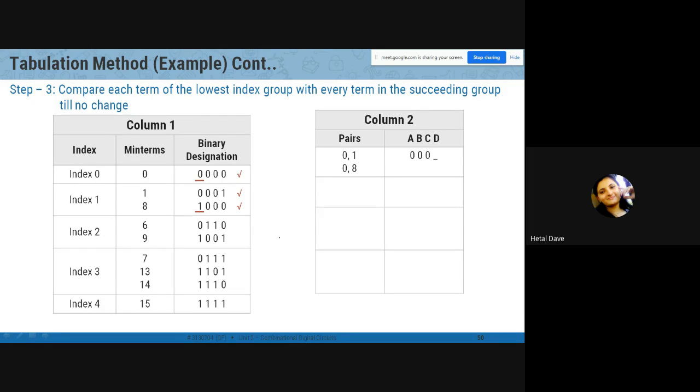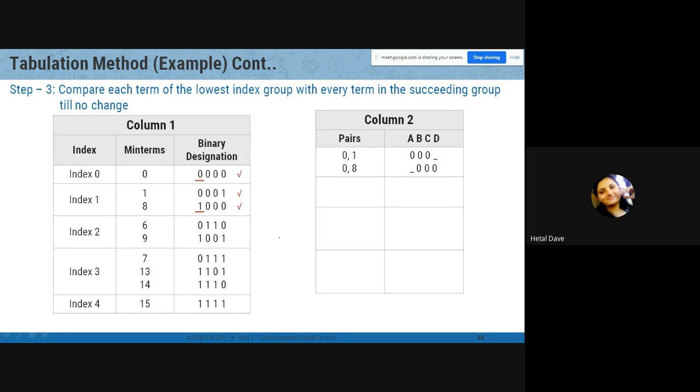Don't change the row, because right now our first comparison has started and is not done yet. Similar bits are written as they are, and you put a dash at the different bit. Okay, this comparison is over.